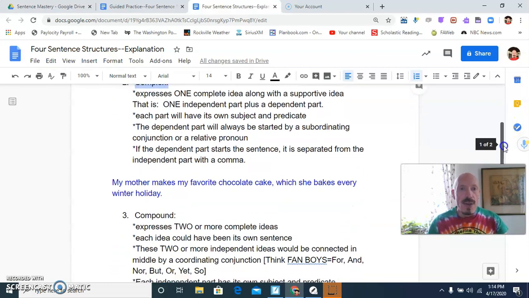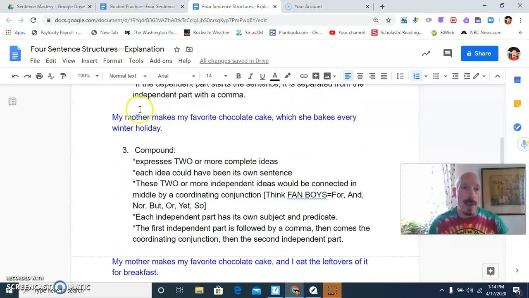Now, our example is, my mother makes my favorite chocolate cake, and then here's that relative pronoun, which, though in this case it's acting like a subordinating conjunction, which she bakes every winter holiday.